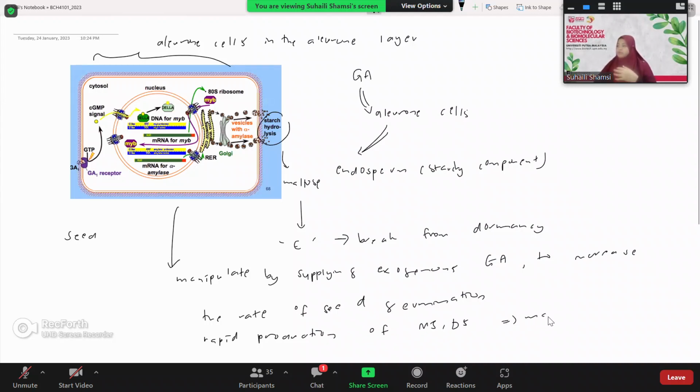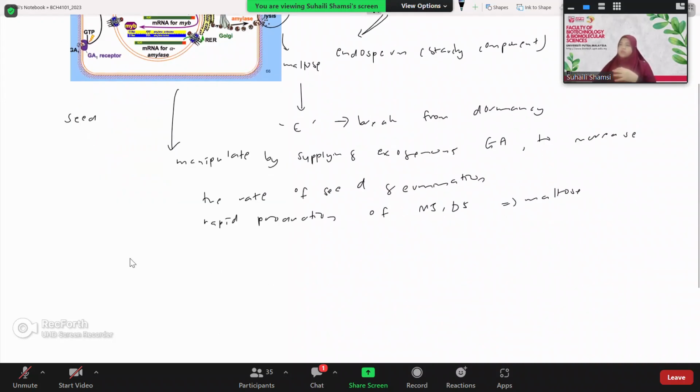Maltose. And it is then manipulated in the beer industry, right? Using barley seed, where this maltose is then channeled to a full of yeast, all right?